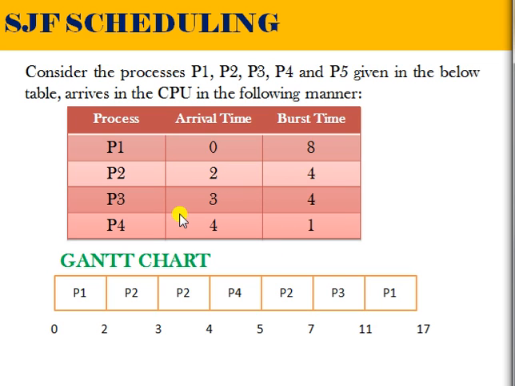Hence job P2 will be scheduled, then P3, and then P1.